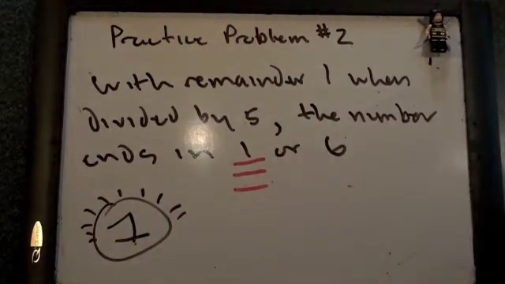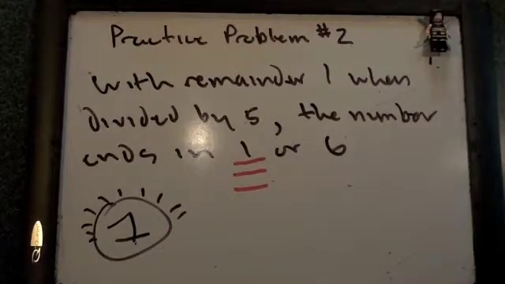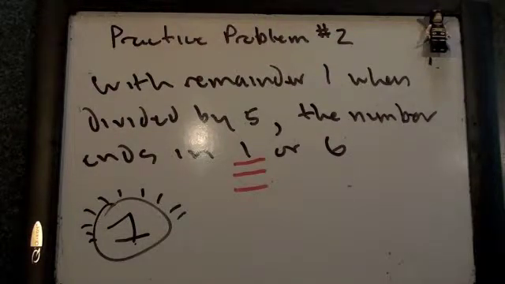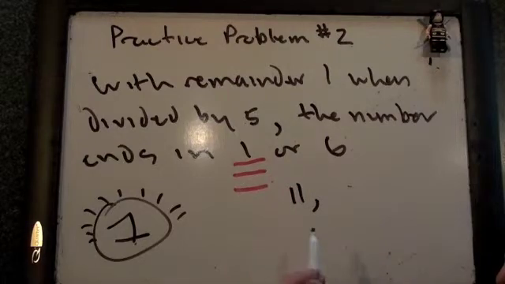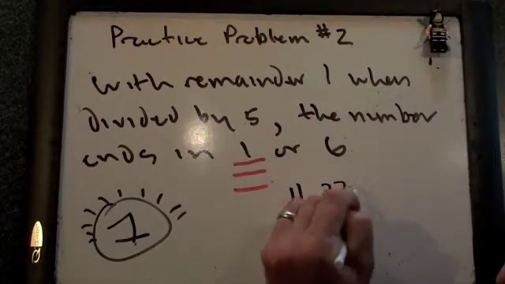What's the first multiple of 11? 11. Okay, so what number above 11 is going to have remainder 1 when divided by 11? 12. Does that end in a 1? No. What's the next multiple of 11?